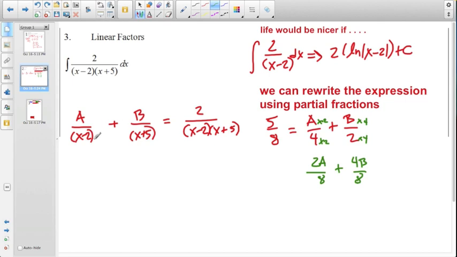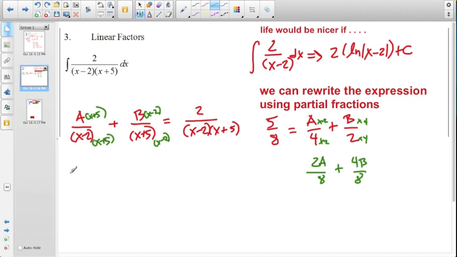And so we're going to do the same process over here. We're going to take this, and to get it to be a common denominator, we're going to have to multiply it by the other denominator. And likewise, we're going to have to multiply this by the other denominator.